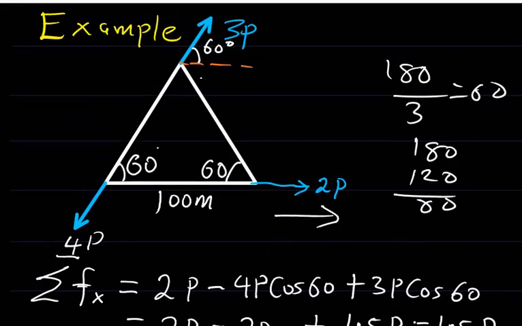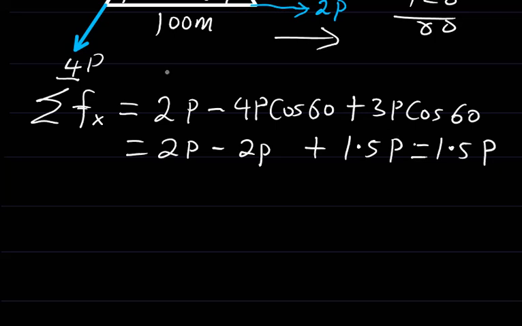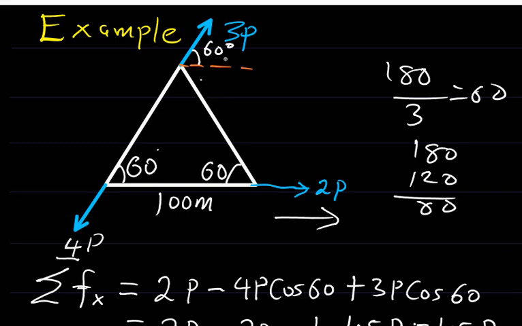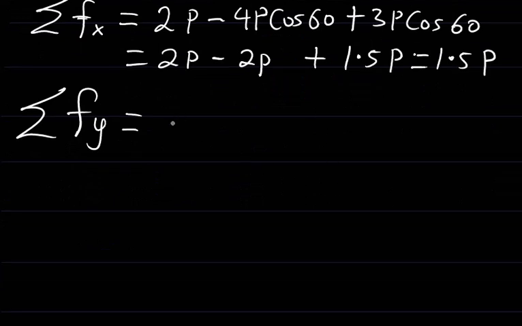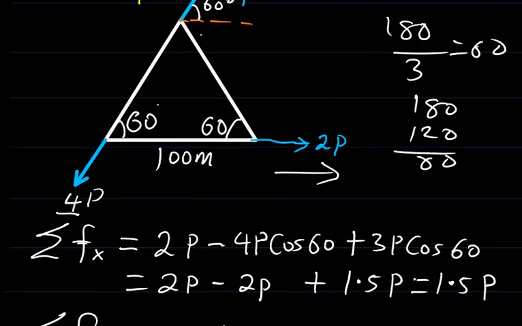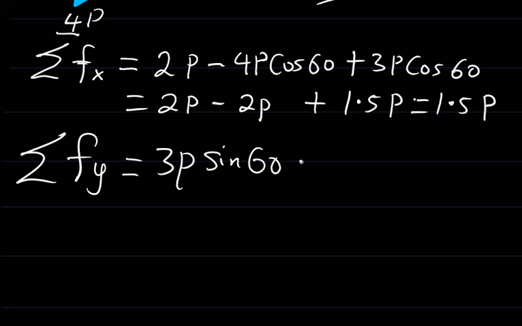Having gotten that, let's look at the vertical component. The summation of the vertical component of the system of forces is, of course, the vertical component of 3p, which is upward. That's going to be 3p sine 60. Then if I resolve 4p, it is going to be downward, so that's going to be minus 4p sine 60.